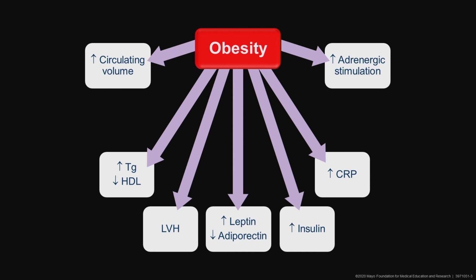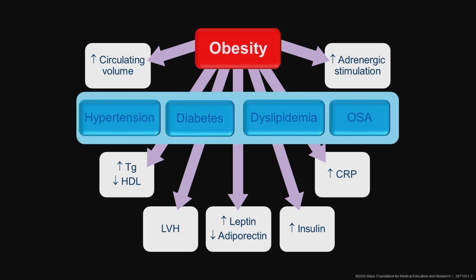And the combination of all those pathophysiologic mechanisms can eventually lead to hypertension, diabetes, dyslipidemia, and obstructive sleep apnea. Obstructive sleep apnea actually might be caused just by the mechanical effect of increased adipose tissue in the neck, but may also be related to other neurohumoral changes that occur when obesity happens.